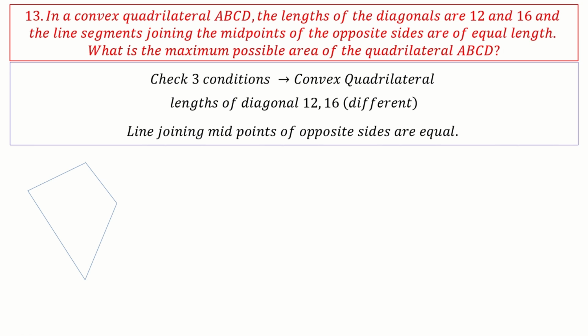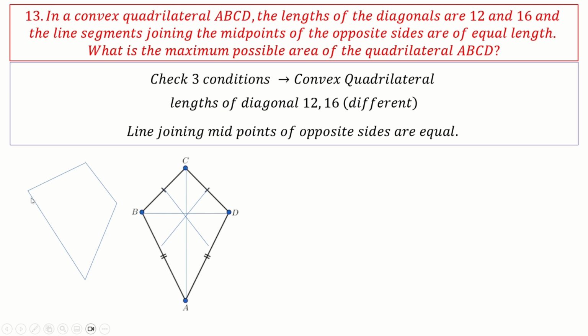It is possible only in the case of a kite. A kite is the only possibility where the lines joining midpoints of opposite sides are equal and the diagonals are of different lengths. Of course, a rhombus is a special case of a kite where all four sides are the same.